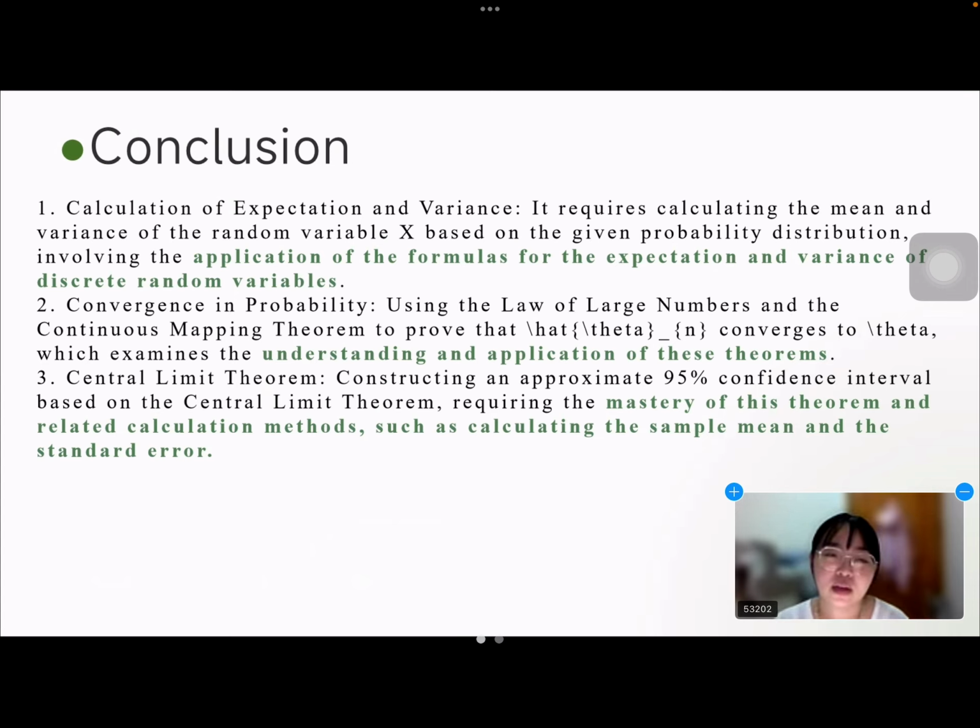And last, we need to know something about the central limit theorem to do the proving. Also, we need to know and apply the method of constructing the confidence interval to different questions.